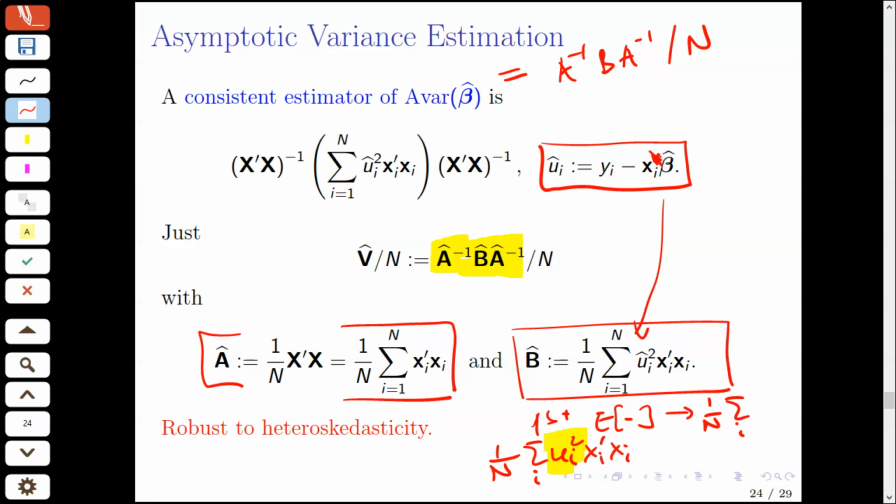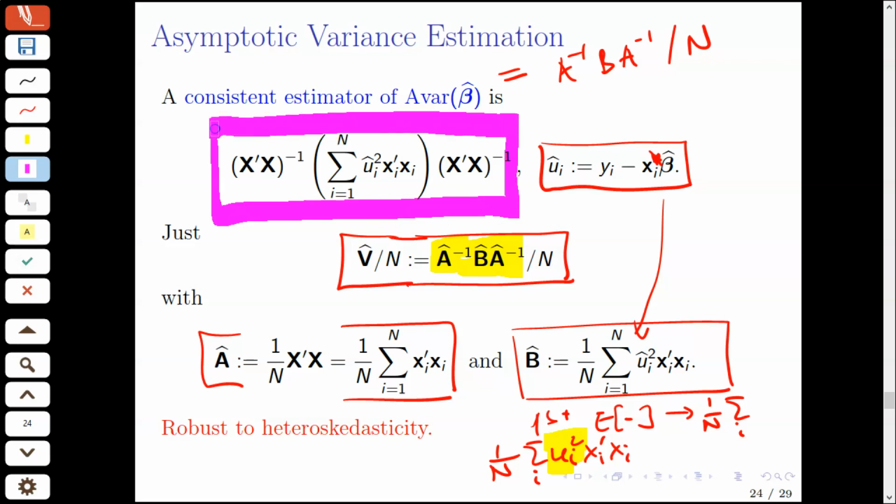All right, so with these components of the asymptotic variance being estimated, we can estimate the entire asymptotic variance V hat over n by plugging them in correspondingly. And what we arrive at is this top expression up here, where we've canceled out any redundant n's.